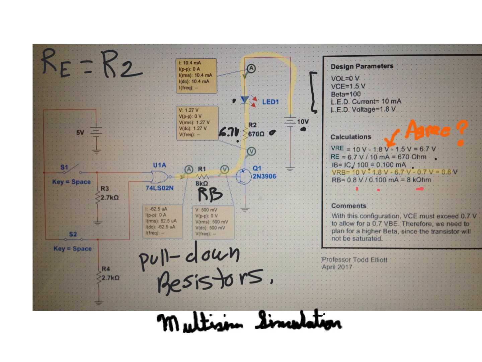Okay, so I had the design parameters here, and I worked it out, then I built it, and saw very, very similar results. I wanted 10 milliamps. Okay, I'm getting 10.4. LED voltage of 1.8.